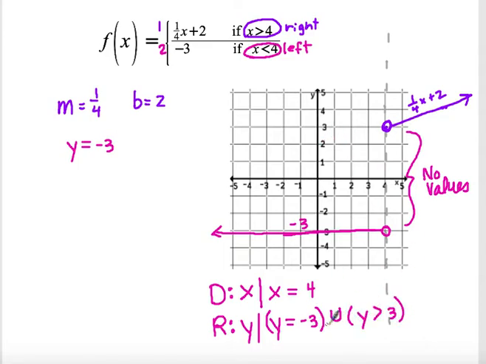So you can see that there's a gap. There's nothing below -3, and there's nothing below 3, but there's a gap in between. So my range is a little bit different there than you're used to. Let me just get rid of this. So there's our function graphed with our domain and our range.